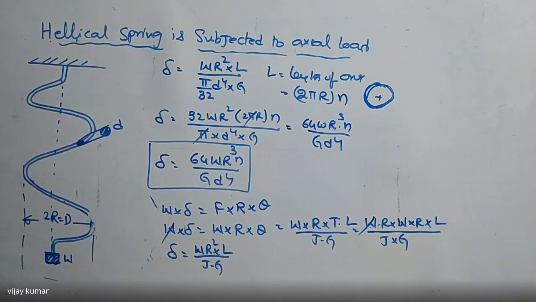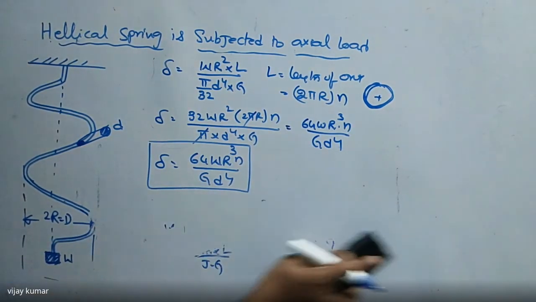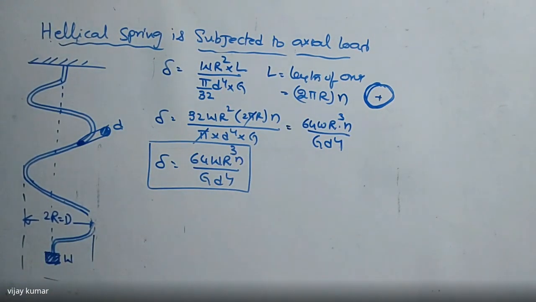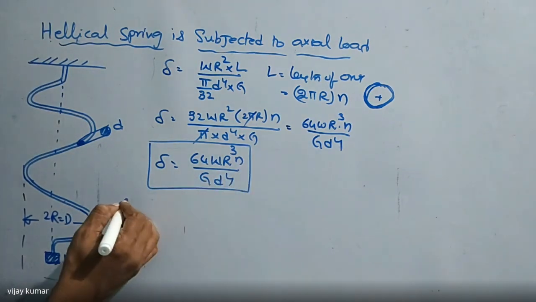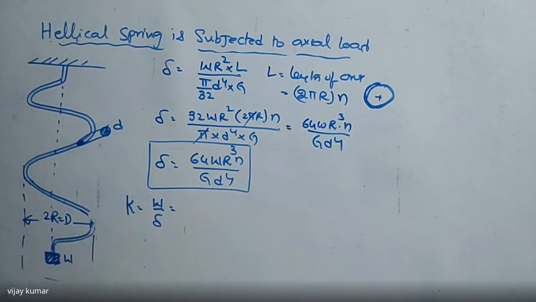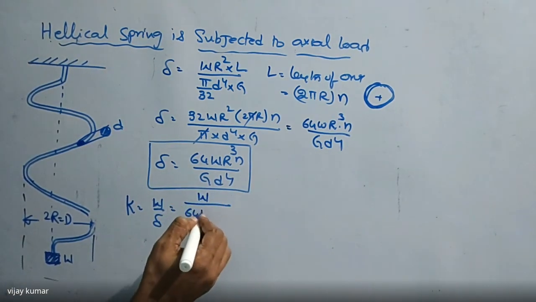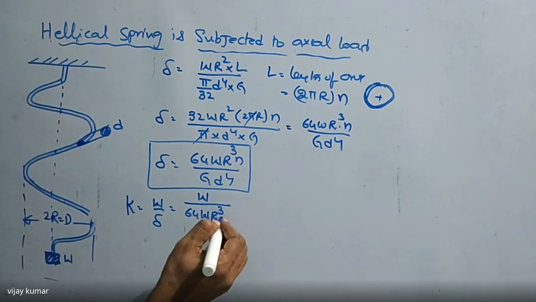Now I want to find the stiffness value. What is the stiffness here? Stiffness K is equal to W by delta. So W divided by 64 times W into R power 3 into N by G into d power 4.